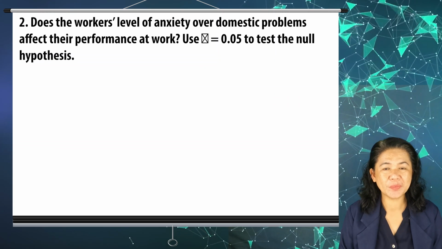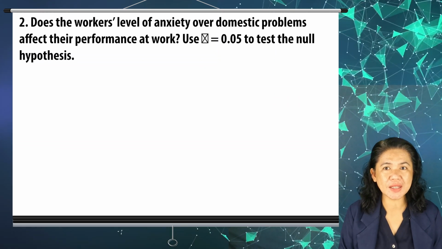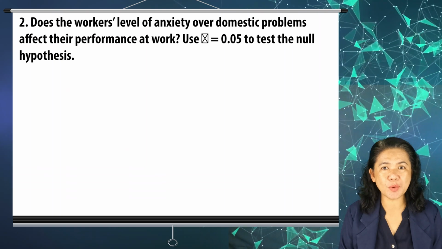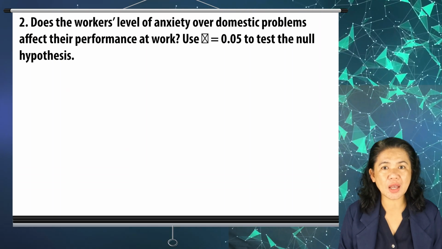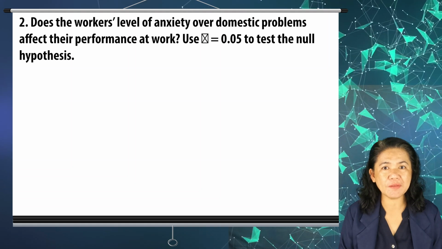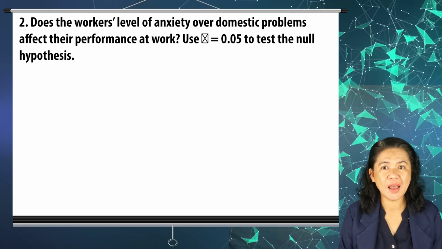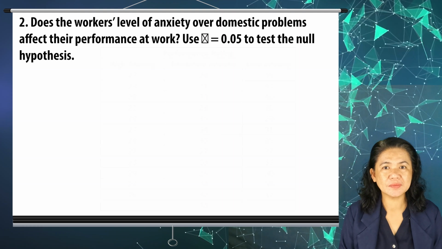Number 2. Does the workers' level of anxiety over domestic problems affect their performance at work? Use 0.05 to test the null hypothesis.